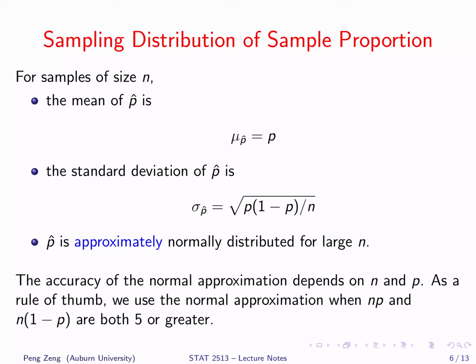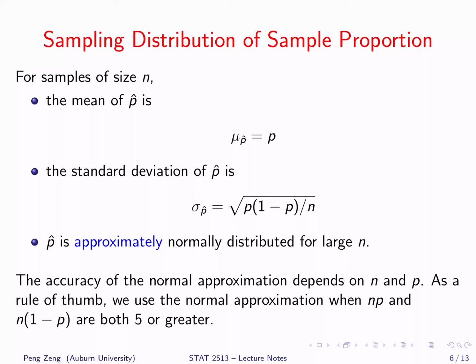The mean of the sample proportion is the population proportion. In this sense, we can say that the sample proportion is an unbiased estimate of the population proportion. The standard deviation of the sample proportion is the square root of the population proportion times 1 minus the population proportion, divided by n, where n is the sample size.